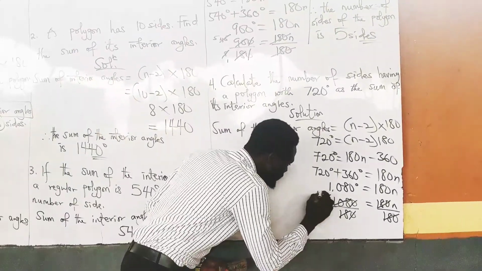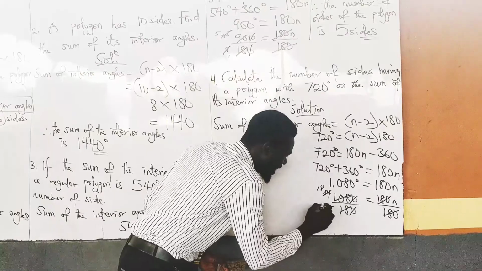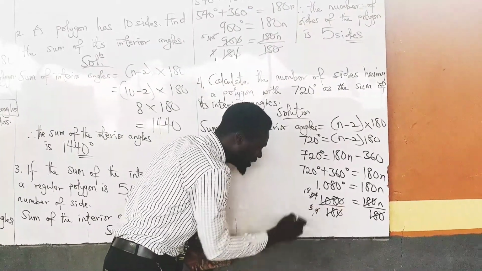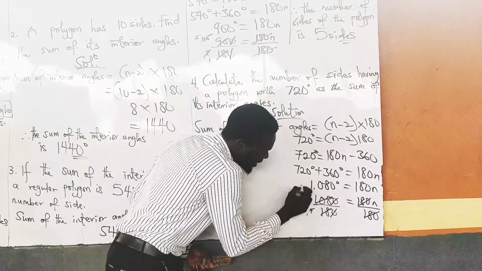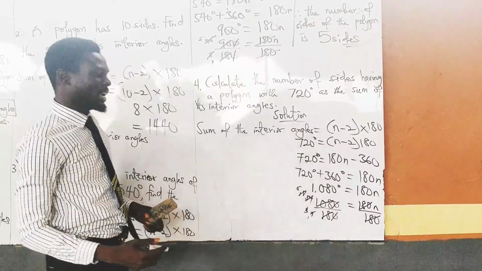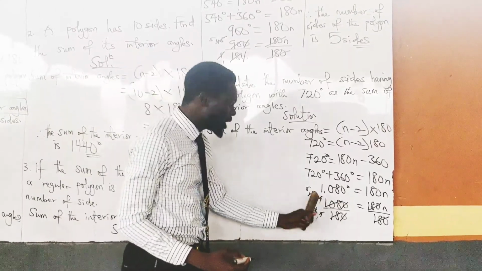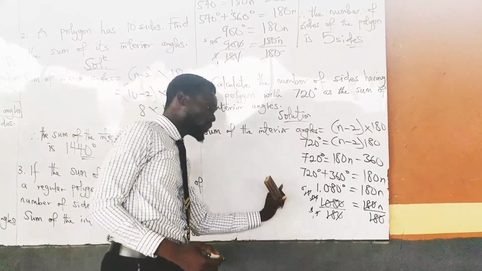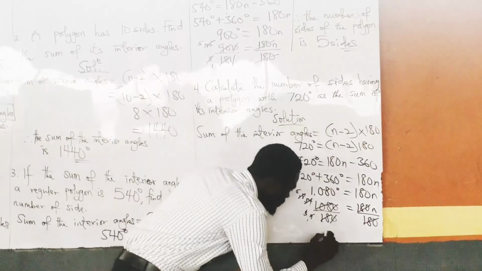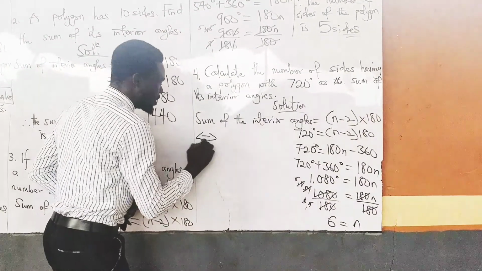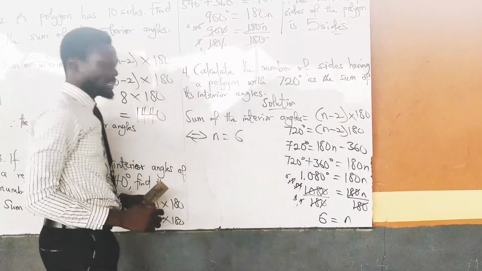So 3 here, 18, 3 here, 3. 9, 3 into itself 1, 9 into 18, 6. 6, 3, 18. So 3 will go into itself 1 and 3 will go into 18 6 times. So we have 6 is equal to n, or we say n is equal to 6.